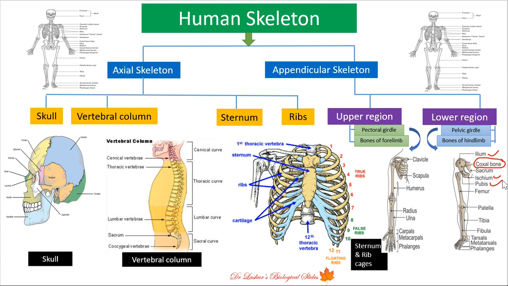At the point of fusion of these bones is a cavity called acetabulum, to which the thigh bone, or the femur, articulates.